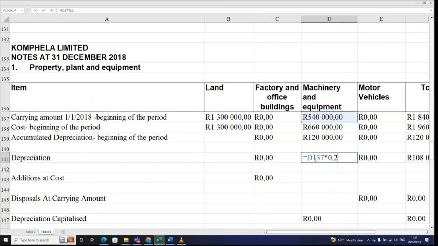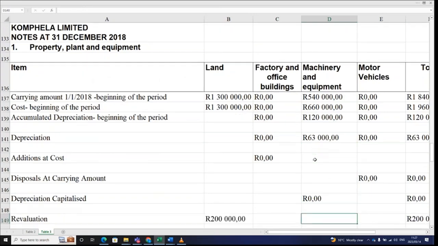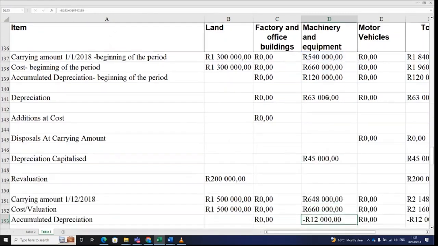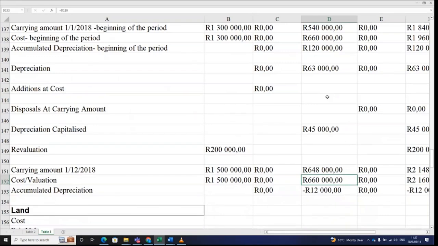That is a period of 7 months, so 7 out of 12 months this asset was not being used to construct the building. That gives us 63,000. Then for the period that it was, we take the carrying amount multiplied by the 20%, then multiply that by 5 out of 12. And that's how much was capitalized.